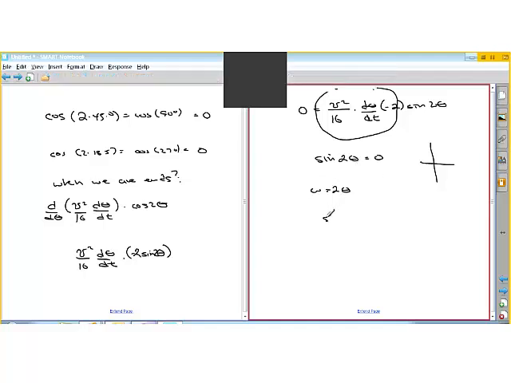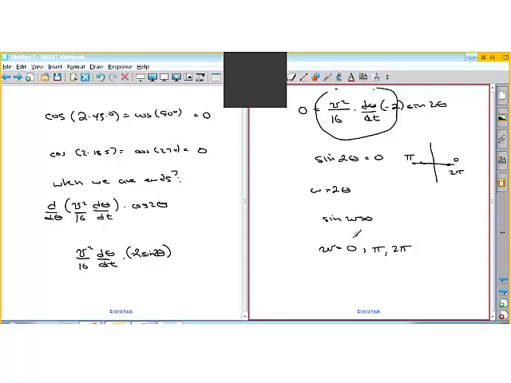W equals 2 theta. So what values of w make the sine of w equal to 0? Well, the y value is 0 at 0, at pi, and also at 2 pi. So those are my answers: 0, pi, 2 pi.